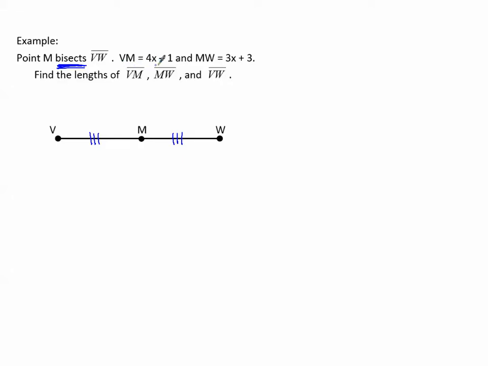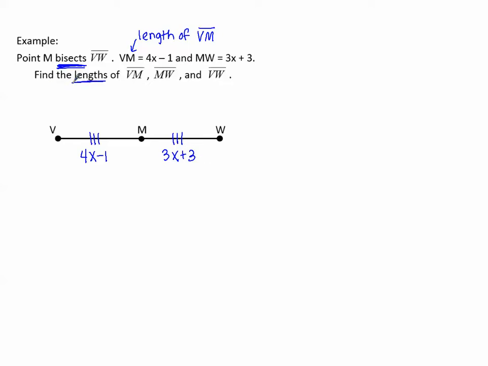VM equals 4x minus 1. Without the hat, that means the length. So this is indicating the length of segment VM. Let's show that in the picture by writing 4x minus 1 where this segment is. And MW equals 3x plus 3. Here's MW. Let's write 3x plus 3 in the middle of that segment.